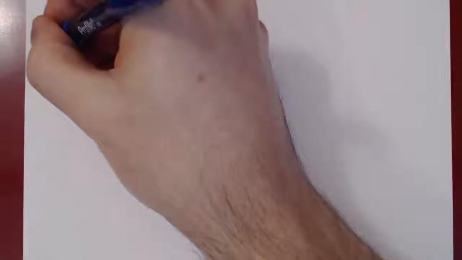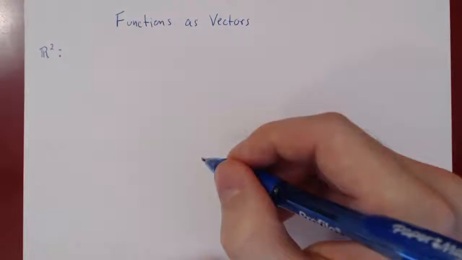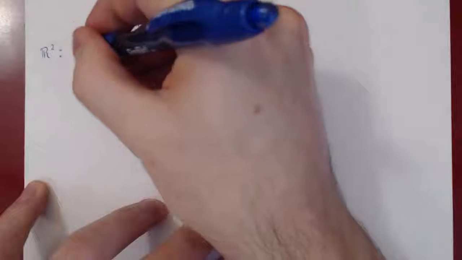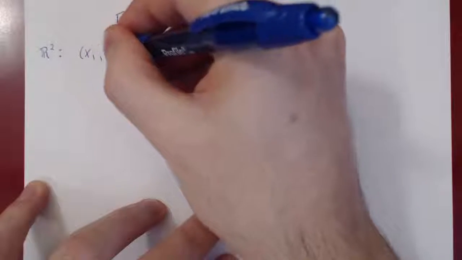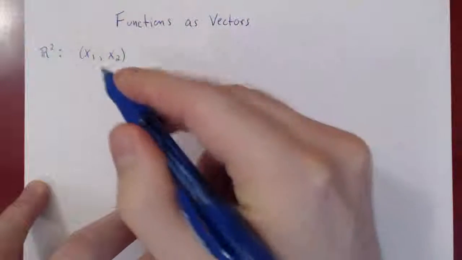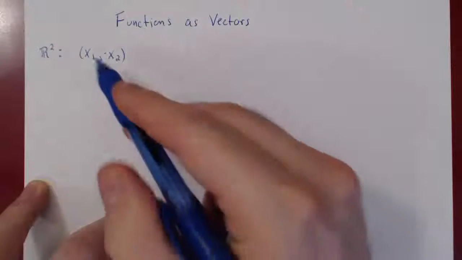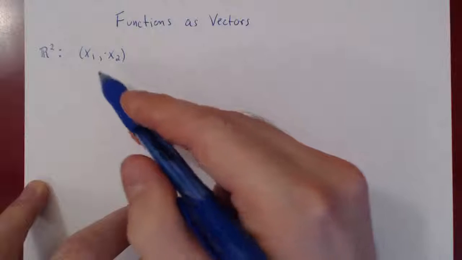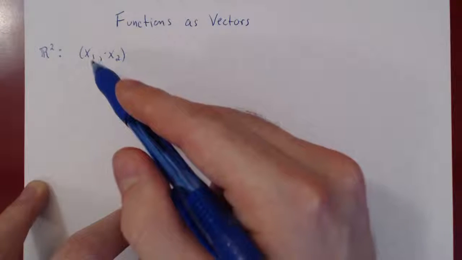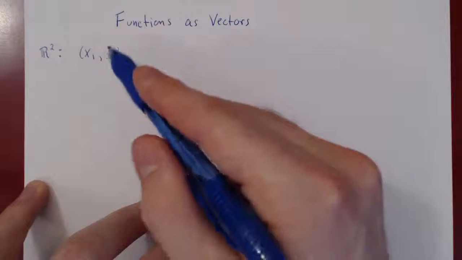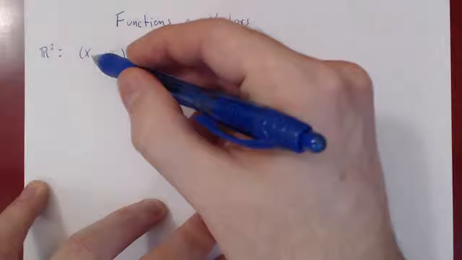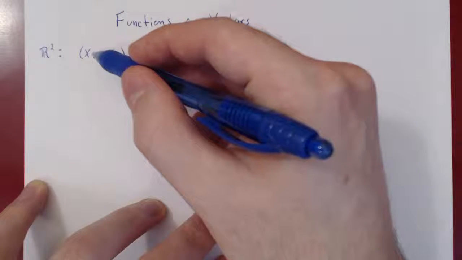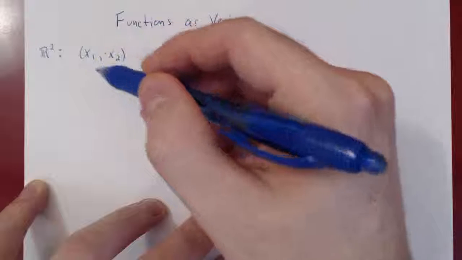Let's go back to R2. R2 consists of all vectors in the plane, and therefore vectors with two components, x1, x2, where x1 and x2 are allowed to range over all possible real numbers. Well, if you think of this, what you have here is an assignment of real numbers. To the positive integer 1, we assign the value x1.